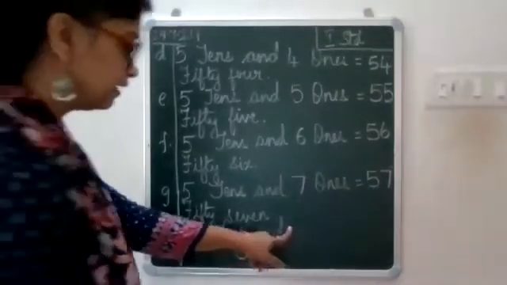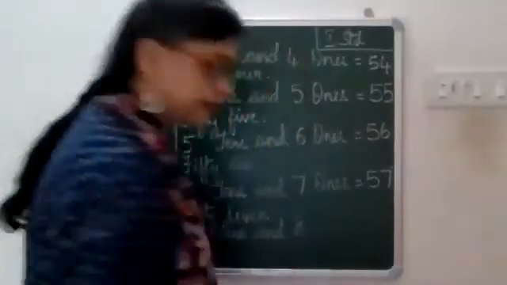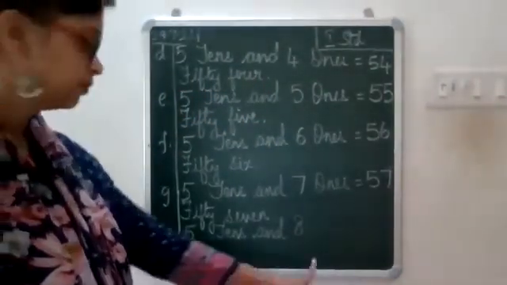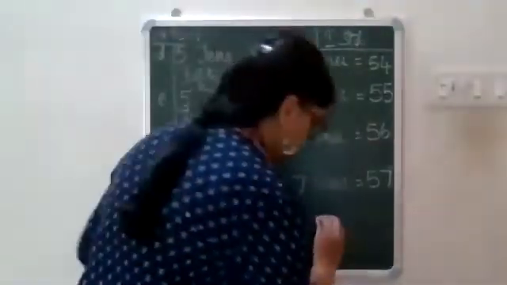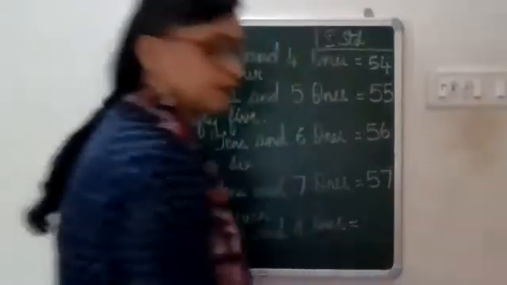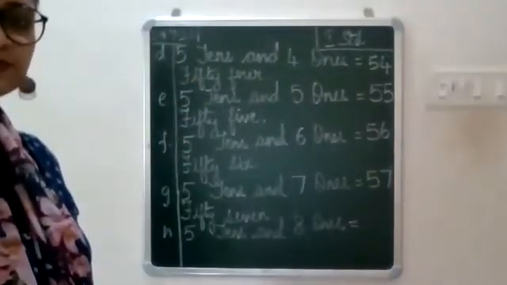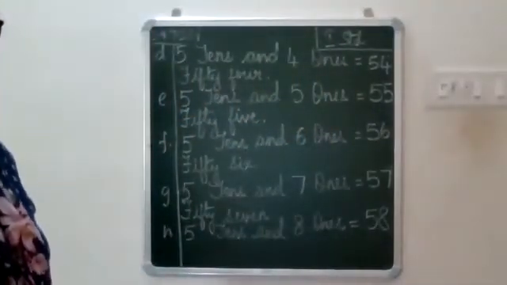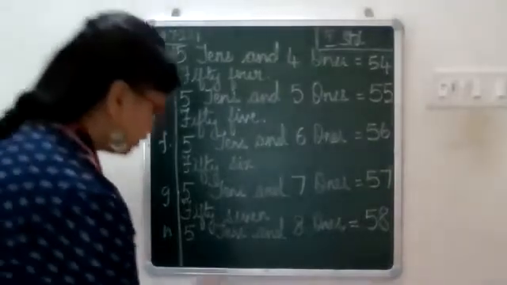Leave a finger space. Write down the number 8. Now leave a finger space. Write down ONES. Put the equal to sign. The number is 58.